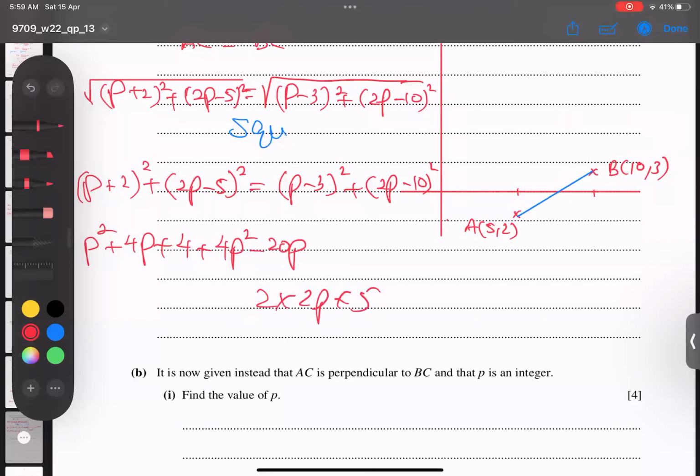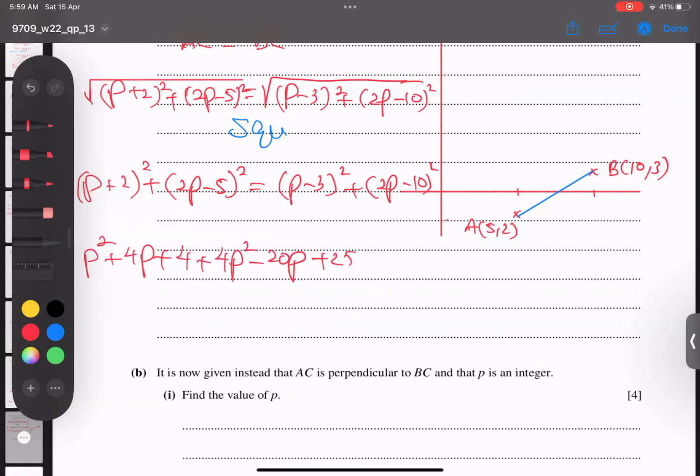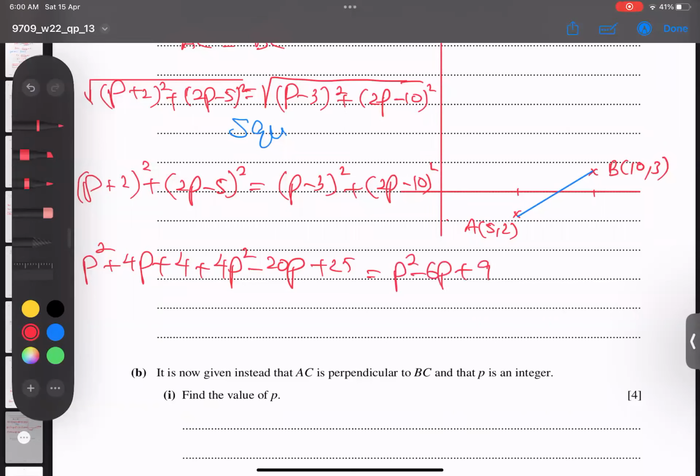And 5 square gives 25. Equals p to power 2 minus 6p plus 9 plus 4p to power 2 minus 40p plus 100.